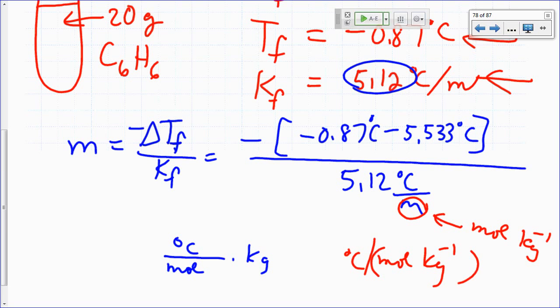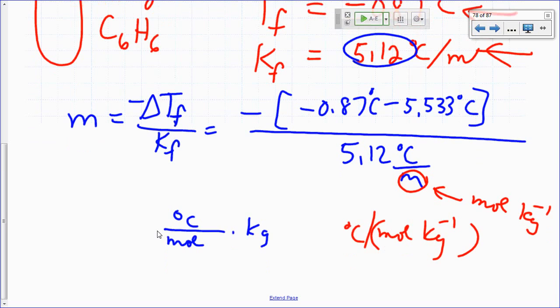Or the unit might be given as degrees Celsius per mole times kilograms, because kilograms is in your denominator. I just want you to be aware of that. It will not always be shown as just little m, because little m is just an abbreviation for moles per kilogram.